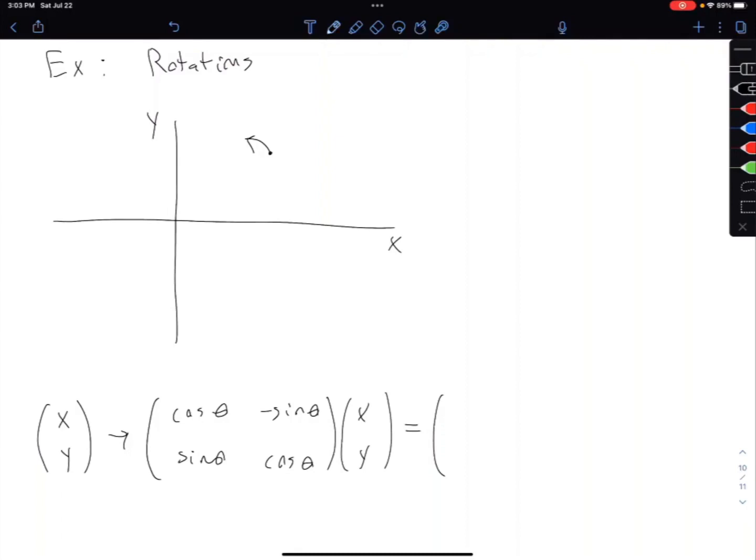Yes, of course it's going to be theta. That's why this is a continuous transformation: there's one transformation for every theta, and theta is a continuous parameter. I was writing the parameter as epsilon for a reason, because it's going to be very small.